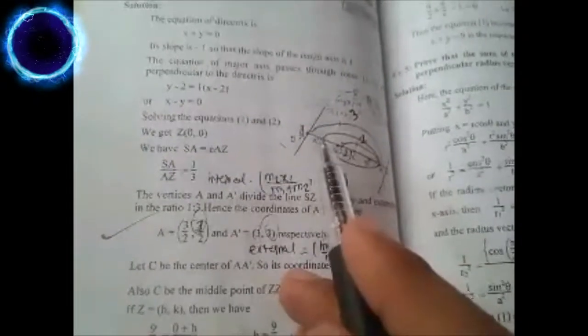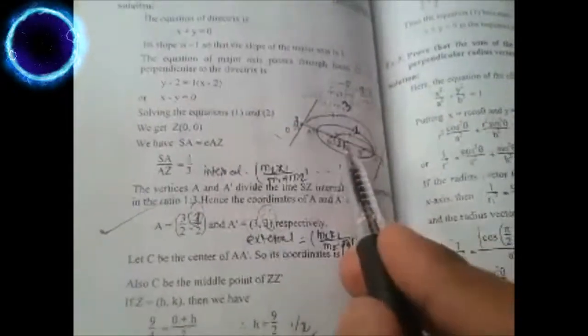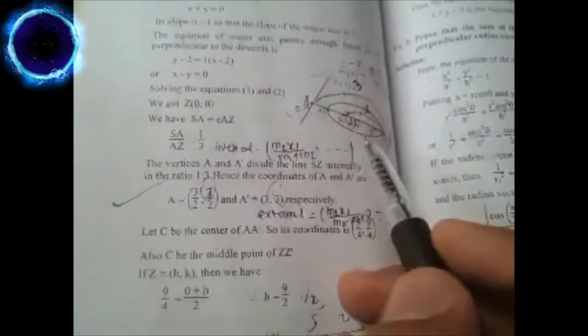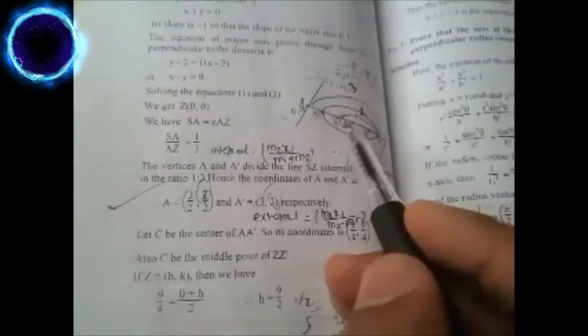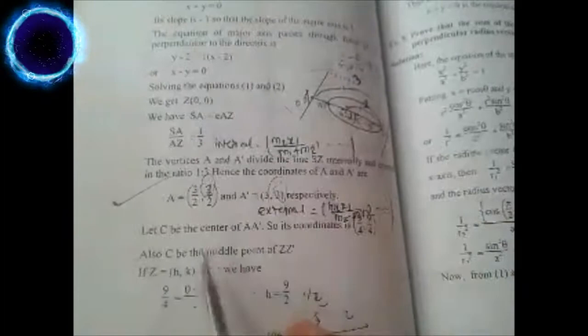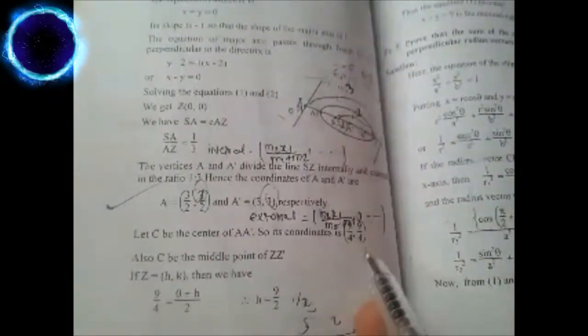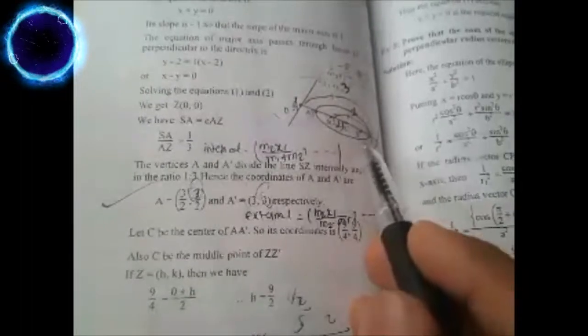When the values of A and A' are found, then we can find the middle point C. We have found the center to be (9/4, 9/4), because C lies between A and A', so this plus this divided by 2 and this plus this divided by 2.